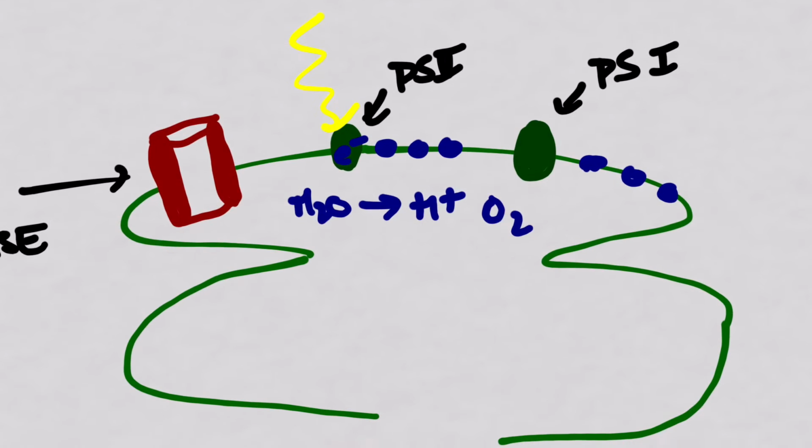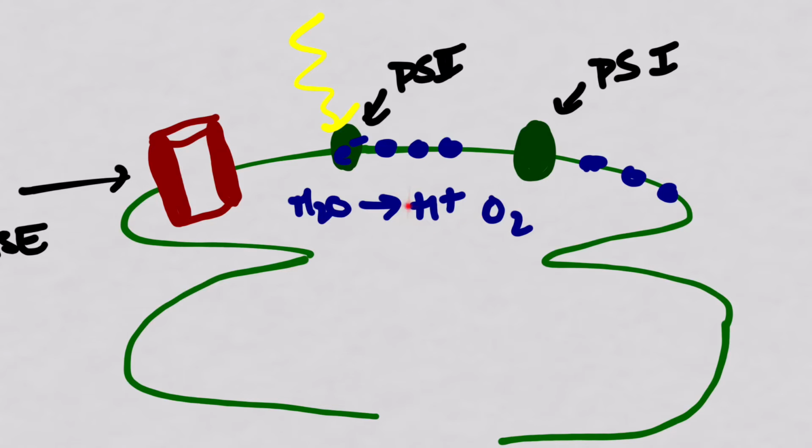But also, very importantly, it releases hydrogen and O2. This O2 is just a waste product of the whole process, so it's going to leave the cell and exit through those stomata at the bottom of the leaf.